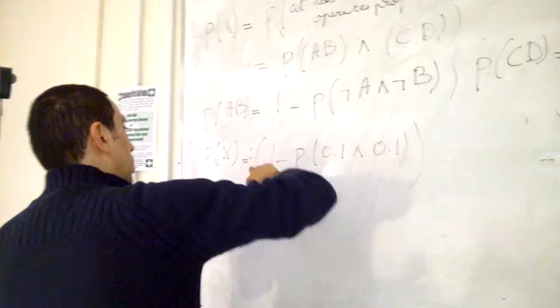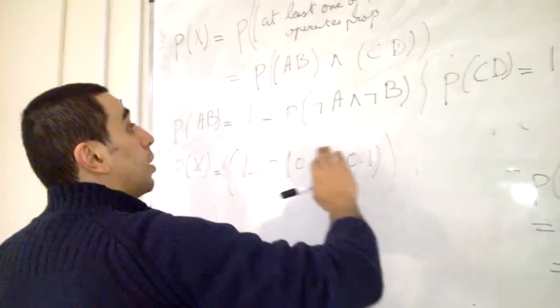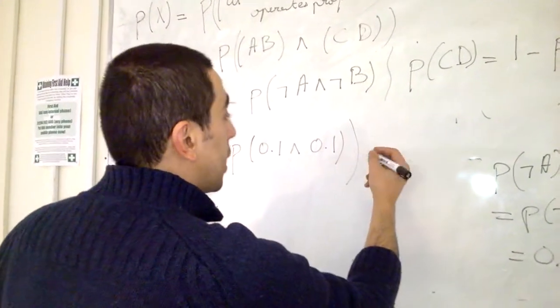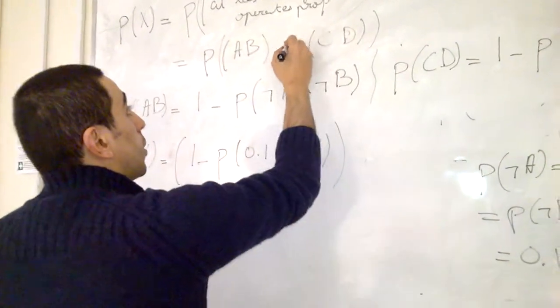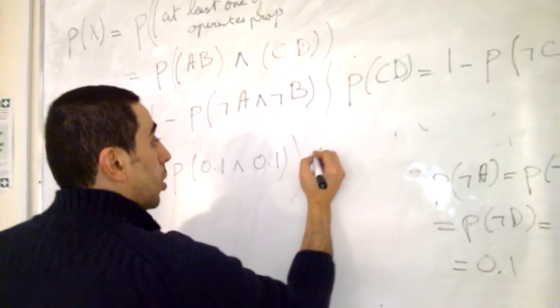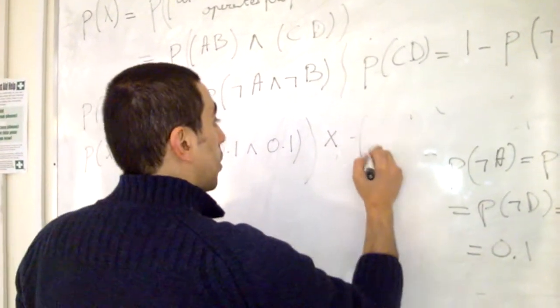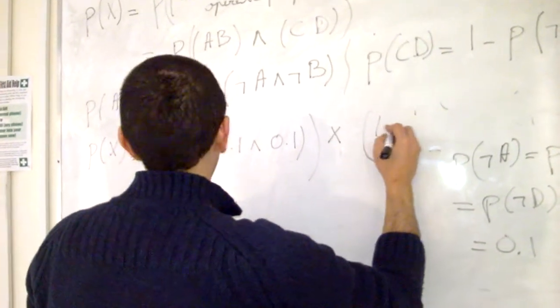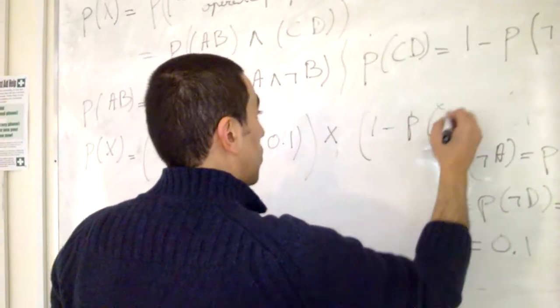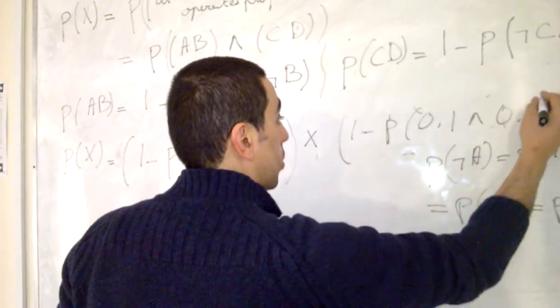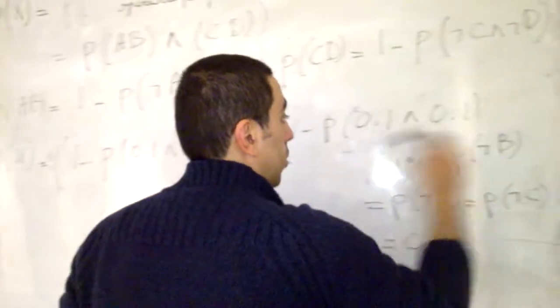No, sorry, I made a mistake. So here there is an and. That means we must multiply, and we must multiply with the same. So 1 minus P, 0.1 and 0.1.